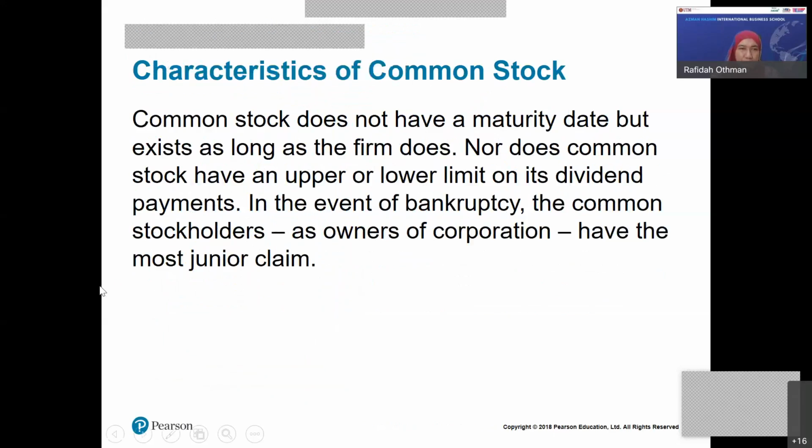Can you give me the characteristics of a bond? It has an interest rate, or coupon rate, so coupon payment. What else? A maturity date, where you get the full amount.